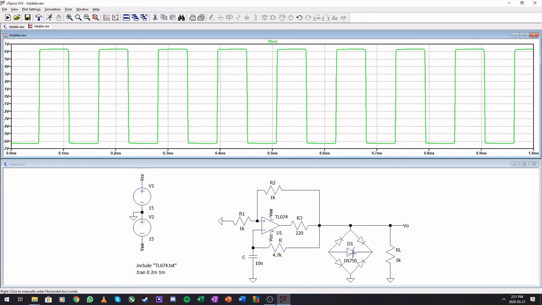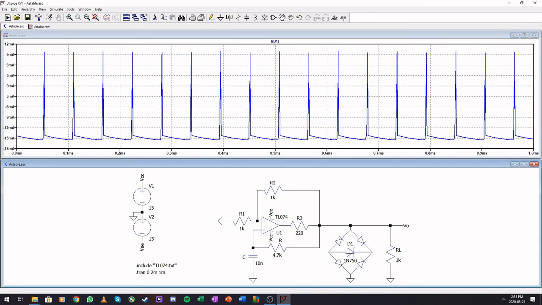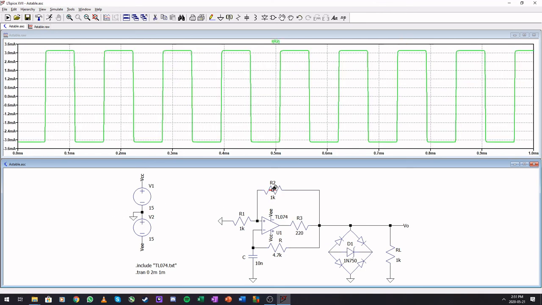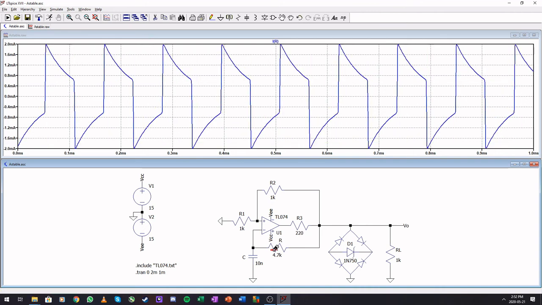Let's have a look at the current drawn. See, our zener requires 16 milliamps. This requires 3.05 for positive and negative.